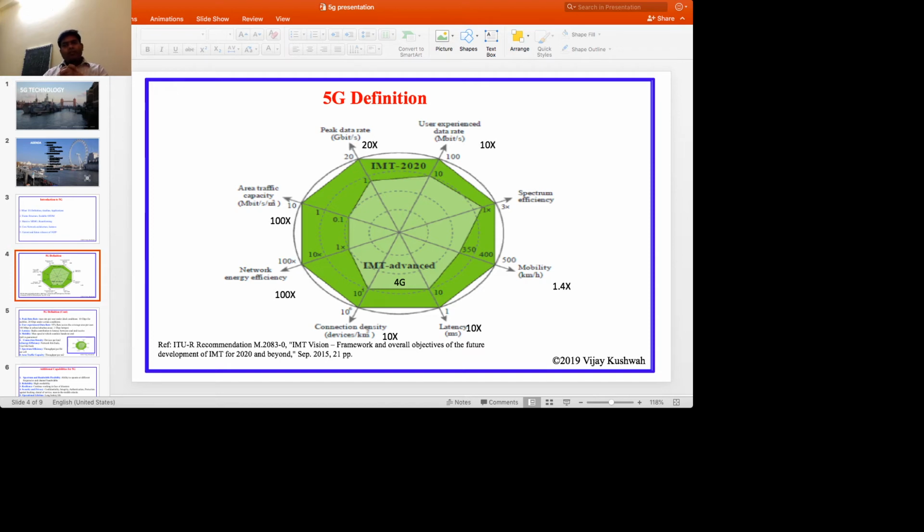Now, spectral efficiency. Spectral efficiency you don't see as a user, but the carrier sees.